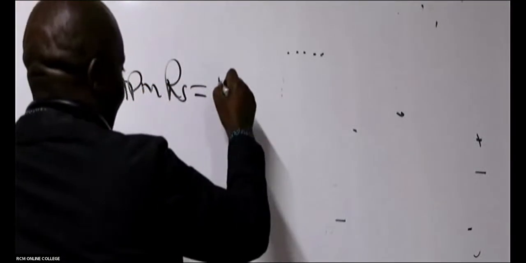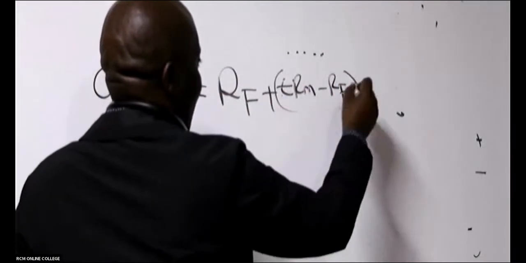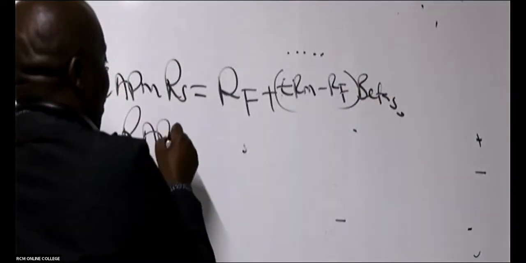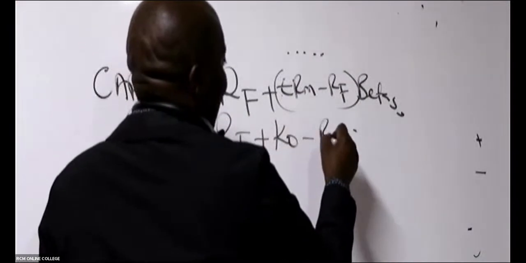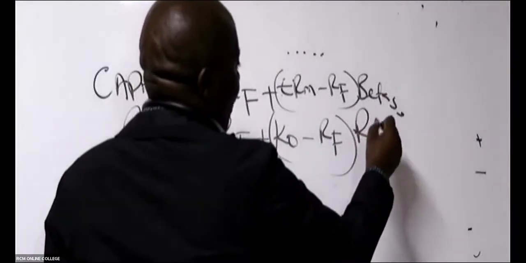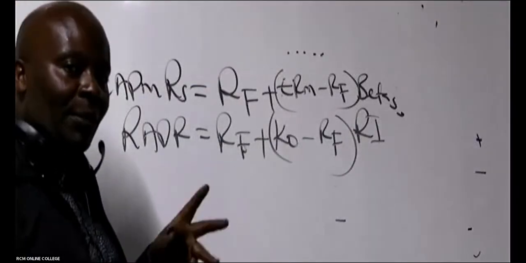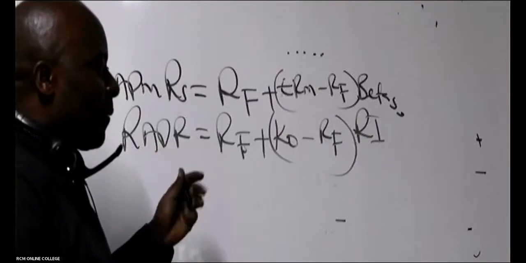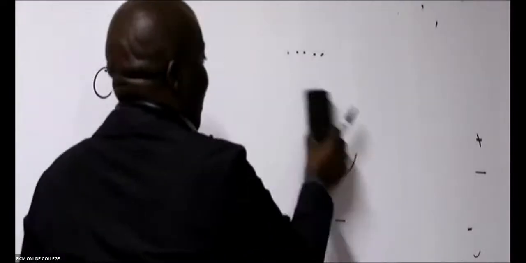If you remember CAPM returns, we have risk-free plus ERM minus risk-free multiplied by beta of the security. And Radri will be risk-free plus, you can also talk of core minus risk-free. You still get the same answers. You just have to know that they are a little bit similar. So if you go to an exam and the examiner has not given you the Radri formula, you'll be able to remember something like that. So please allow me to go to decision trees, so you can at least make some headway.